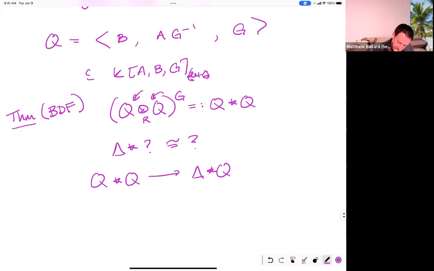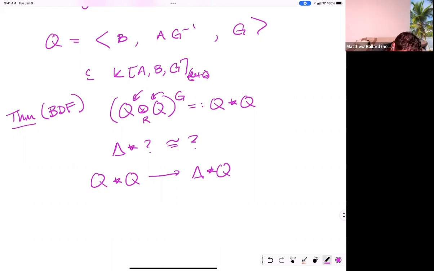Well, in general, what I'd really like is if this was an isomorphism, then I have some type of canonical idempotent inside the derived category of equivariant bimodules over my original ring. And that's what you have, except you have to be a little bit more careful. You need to derive the question to get the right answer.